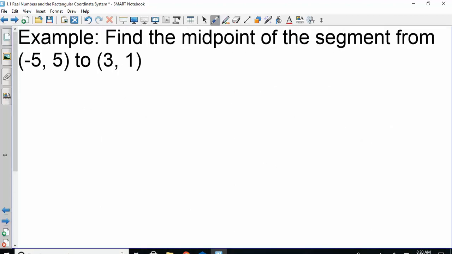Let's do a midpoint. I want the midpoint of the segment from negative 5, 5 to 3, 1. You don't have to draw a picture, but I just want to make sure you know what I'm finding.